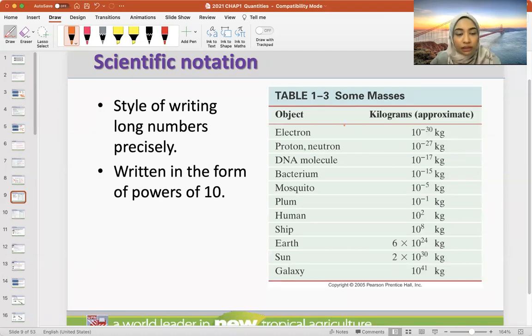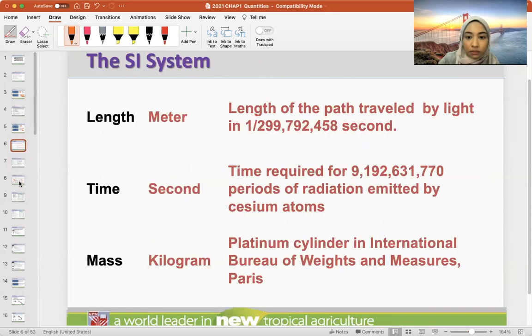Okay. So the next one, like I mentioned to you before, there is this number which was really, really long. Okay, this one. 299,792,458. And for people who can't memorize like me, I don't appreciate these types of numbers. So what I do is I write this in scientific notation. You can do that too. In scientific notation in physics specifically, we want 3 significant figures or 2 decimal places.